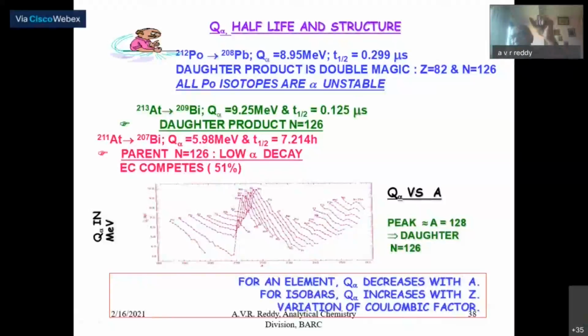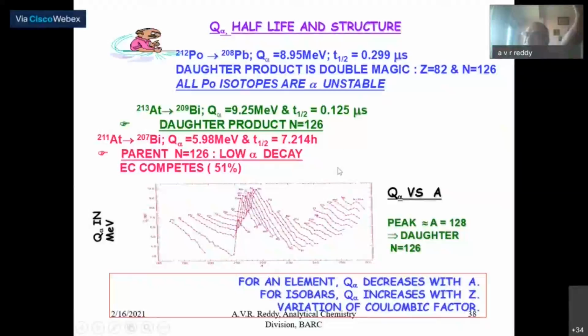So you have a system in which a nucleus has extra energy, that is unstable towards alpha decay, but it has a possibility of reaching a nucleus which has a double magic number. Therefore, that is a favorable decay. Therefore, you get more energy as well as a very short half-life. There's a large probability for this alpha decay because in one single go, it gets rid of this extra energy which is causing it instability, right?